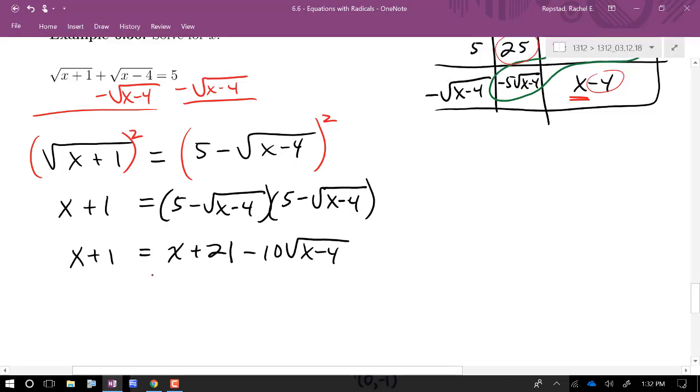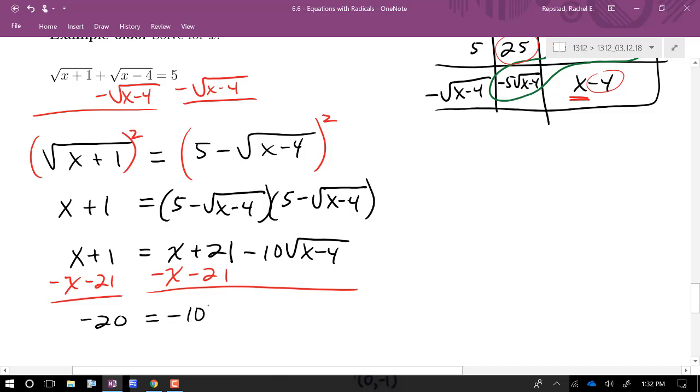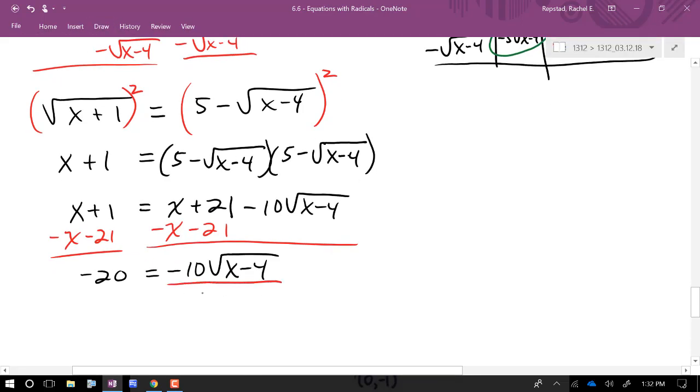So, maybe let's subtract x and subtract 21. So we got minus 20 is minus 10 times the radical x minus 4. And maybe let's go ahead and divide by negative 10. Because then we have 2 is equal to this radical.